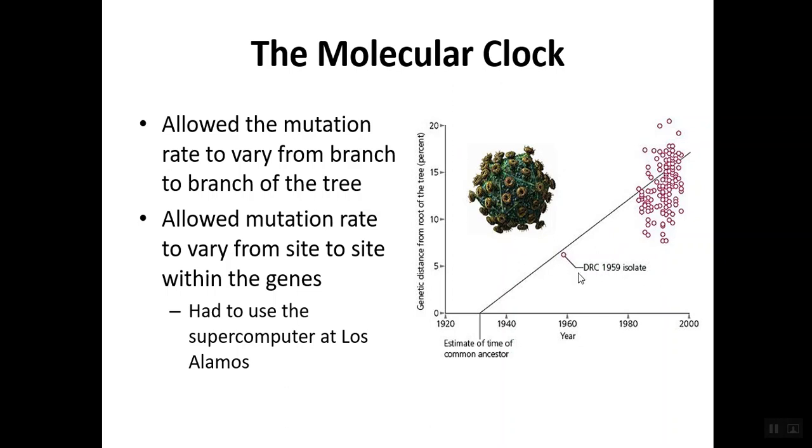Anyways, a sample from a man from the Republic of Congo had been stored from 1959, kept at the hospital, and then when it was later analyzed, when they understood about this epidemic of HIV, they determined that this guy had in fact HIV.